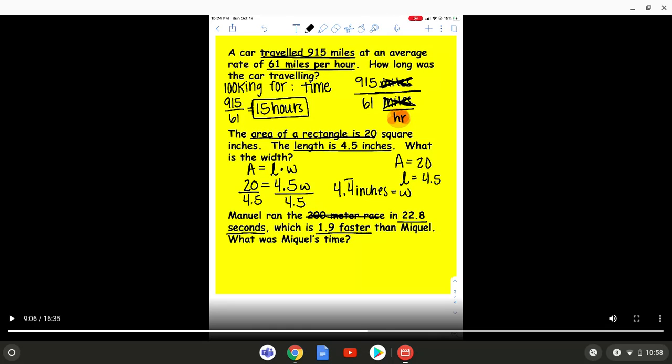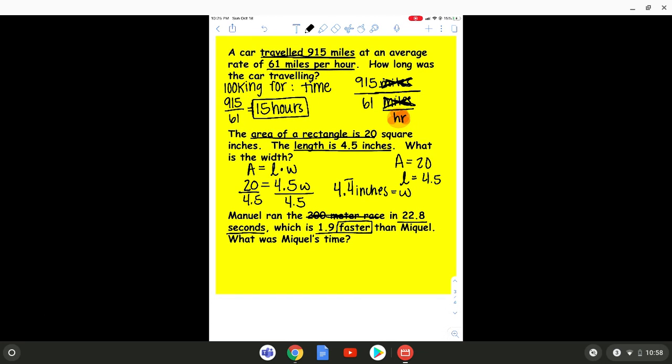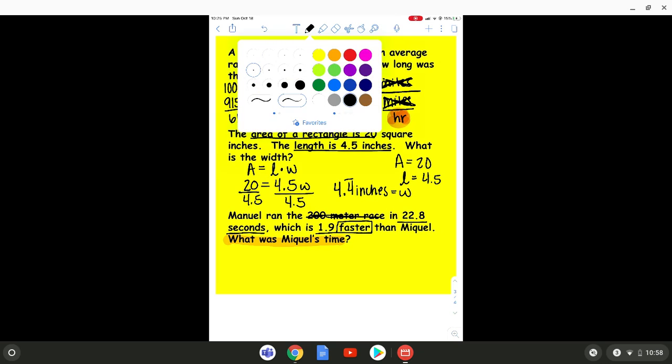So I know that I ended with 22.8, and that is equal to something minus 1.9. So here I'm going to use X to represent Mikkel's time, because that's what I don't know, right?